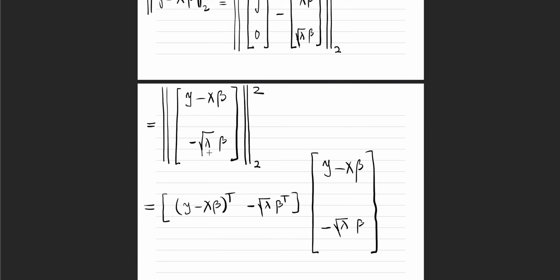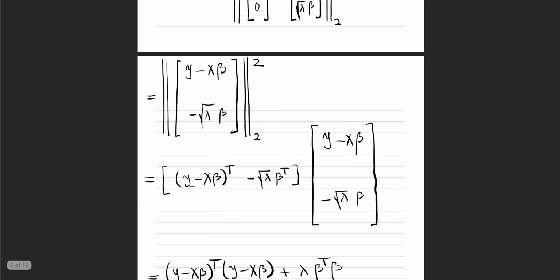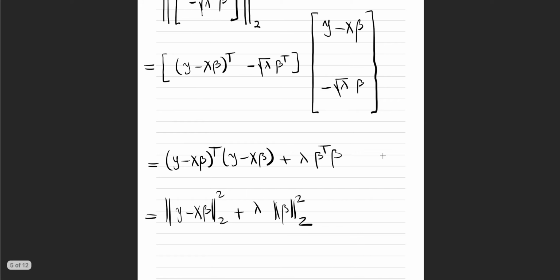So this column vector, here we have a row vector, here we have a column vector, and the inner product is just y minus x beta transpose, negative square root of lambda beta transpose, times y minus x beta, negative square root of lambda beta.